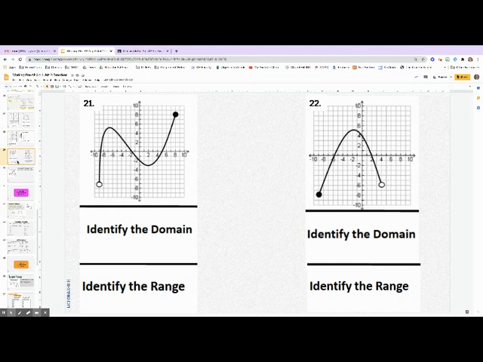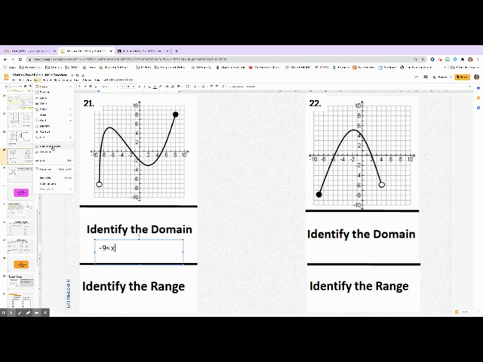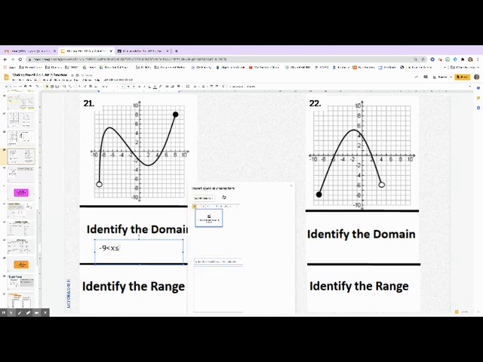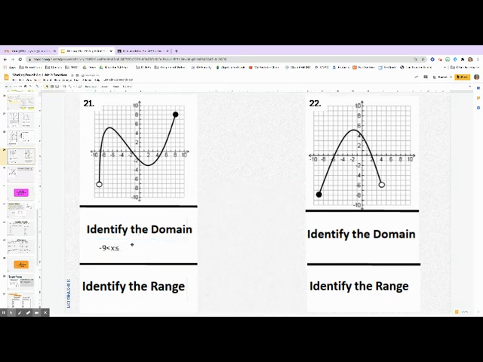Okay, let's go to 29. Identify the domain. So our domain is left and right. It's our x value. So how far left can it go? Looks like it can go all the way to this -9. Open circle means it's not included, so it's just going to be less than. How far right can it go? It can go all the way to 8. So we're going to have a less than or equal to symbol. Less than or equal to 8.